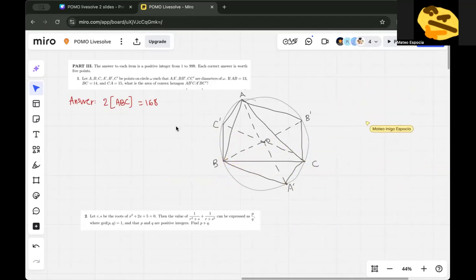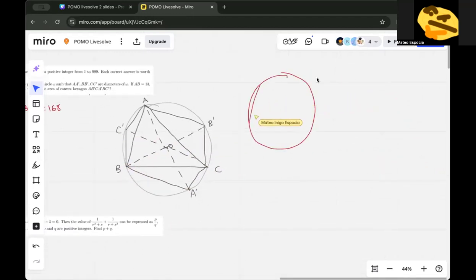So if we have a circle and we have a triangle here with vertices A, B, C, and we have the orthocenter here, and we have a parallelogram.